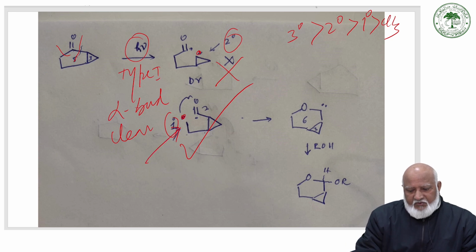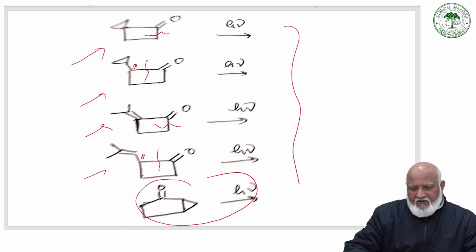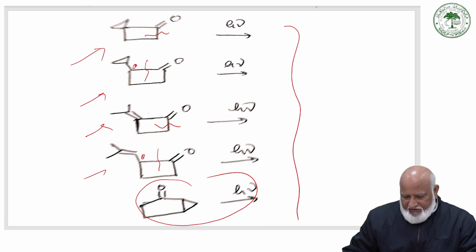We also mentioned that this undergoes different types of reactions, decarbonylation and beta cleavage and so on. But in this series, we just wanted to look mainly at the ring expansion product.